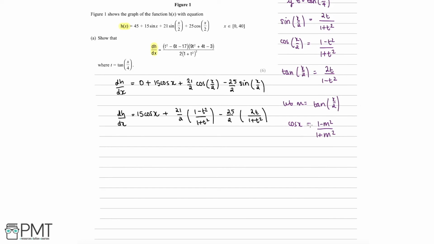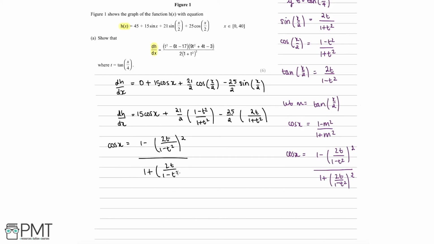So we can actually expand this out further to give you cos of x is equal to 1 minus 2t all over 1 minus t squared, all squared, all over 1 plus 2t over 1 minus t squared, all squared, for both the top and the bottom bracket. So let's work with this for a second.